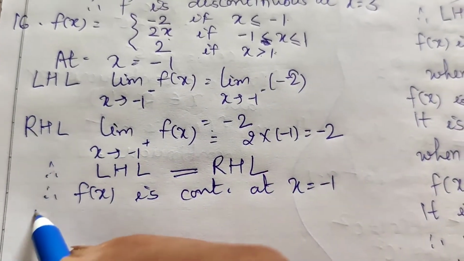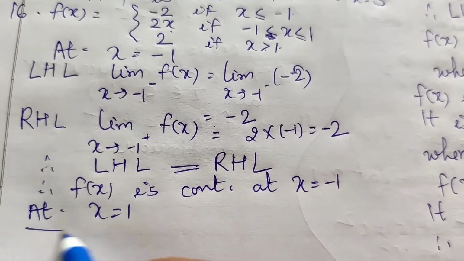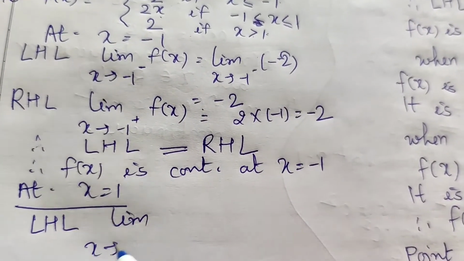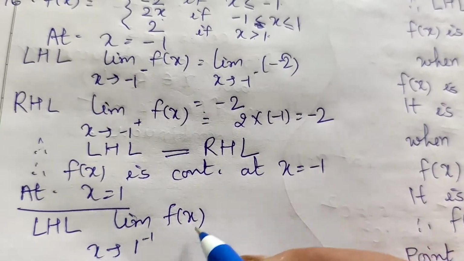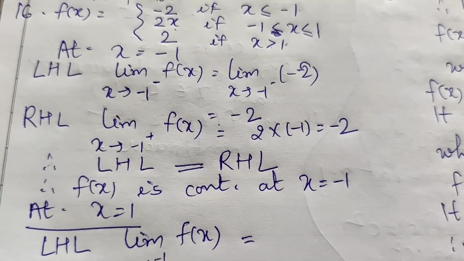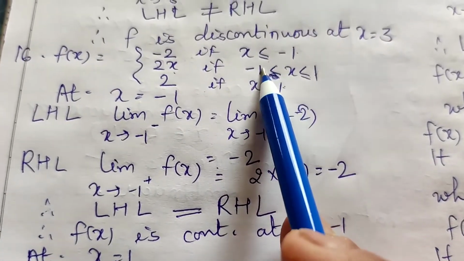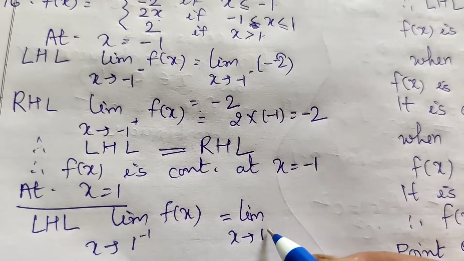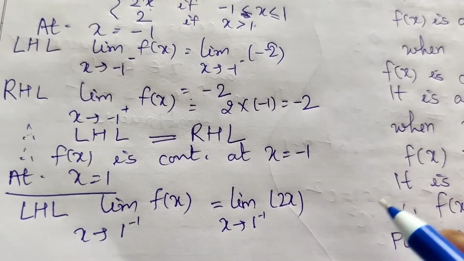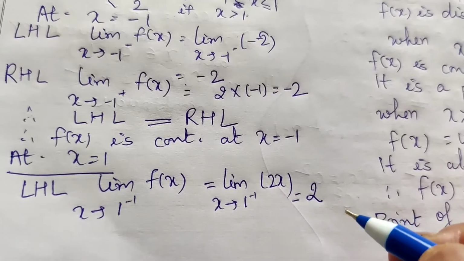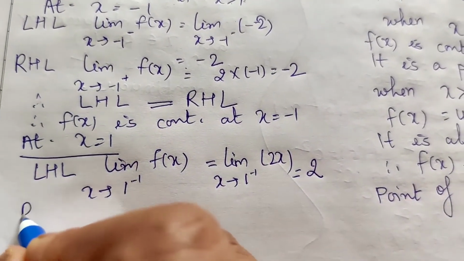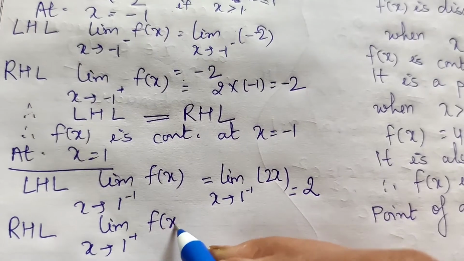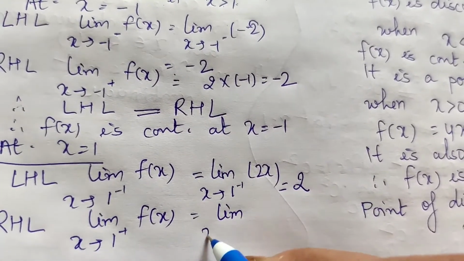Now check at x equal to 1. The left hand limit, x tends to 1 from the negative side of the function, is 2x, which is equal to 2 into 1, that is 2. Next, the right hand side, x tends to 1 positive.